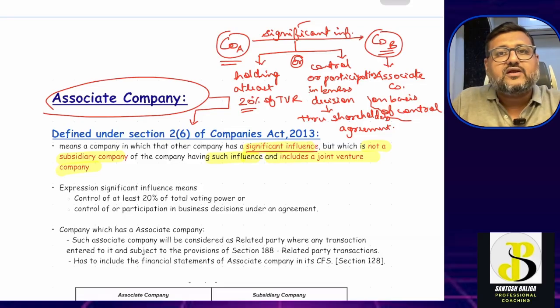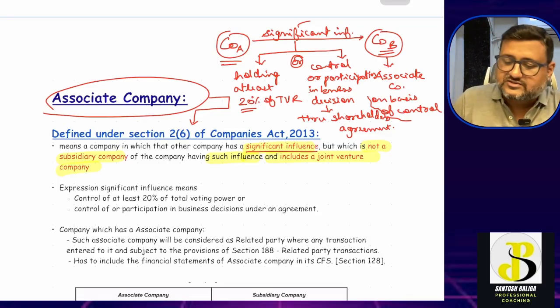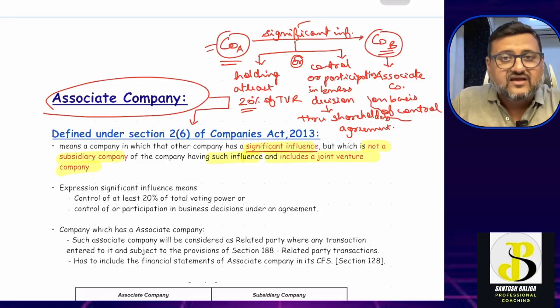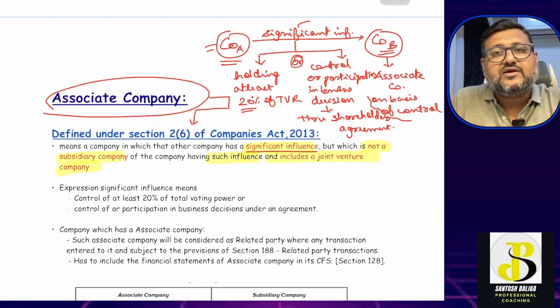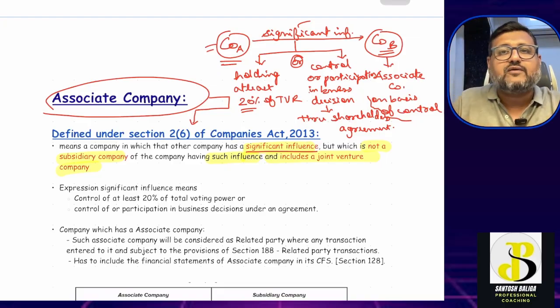That would be possible if company A and company B have entered into a shareholders agreement, or an agreement through which the right to participate in the business decisions has been provided to company A. Then company A will be said to have a significant influence over company B, and company B will be the associate company of company A. So this concept is clear through this example.